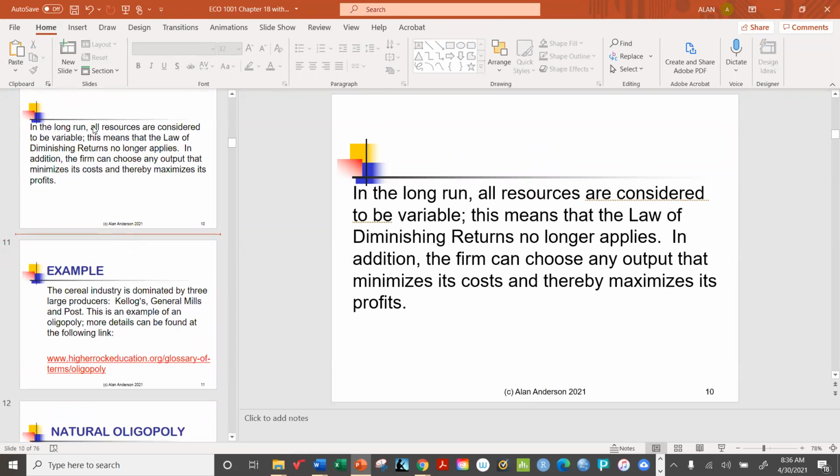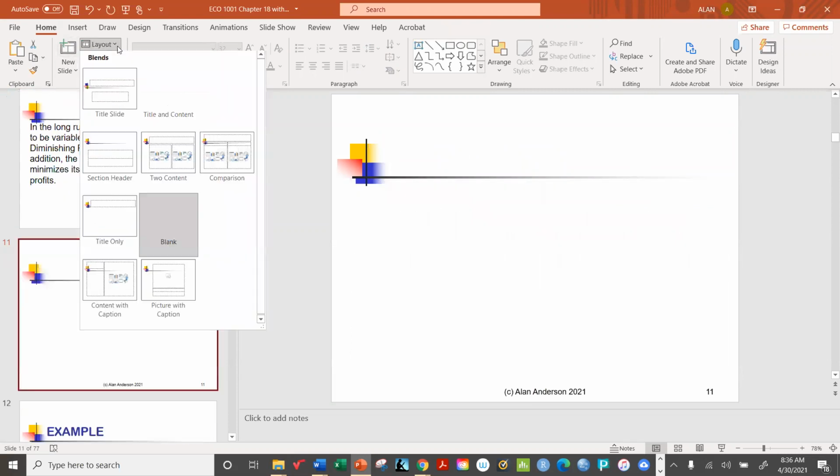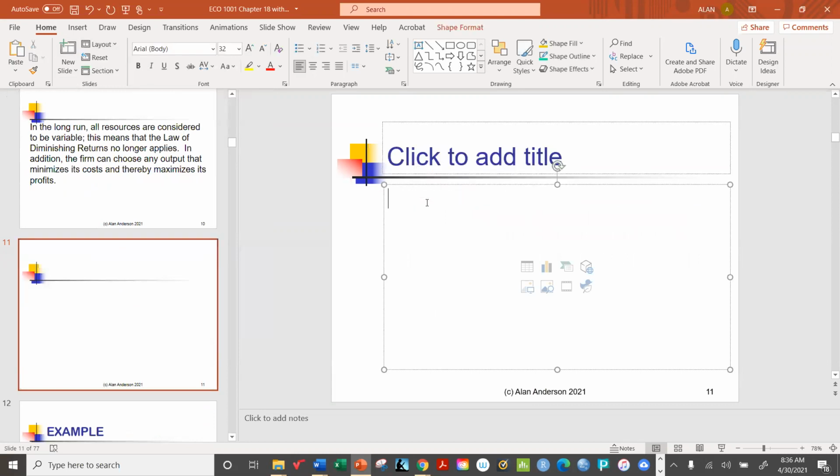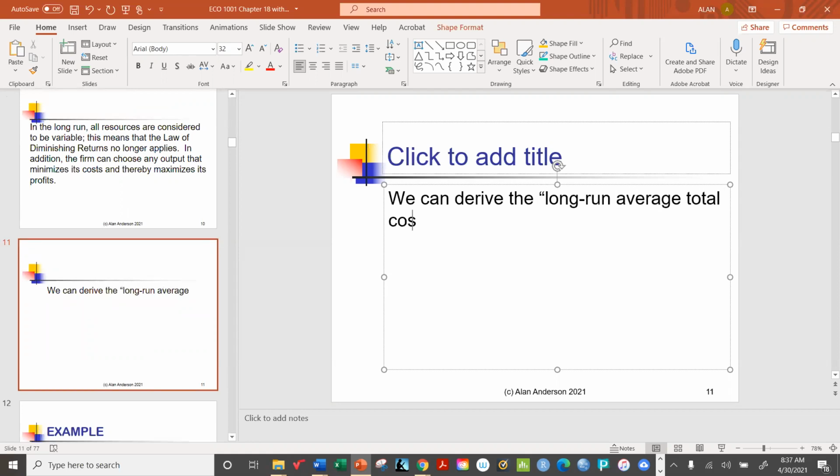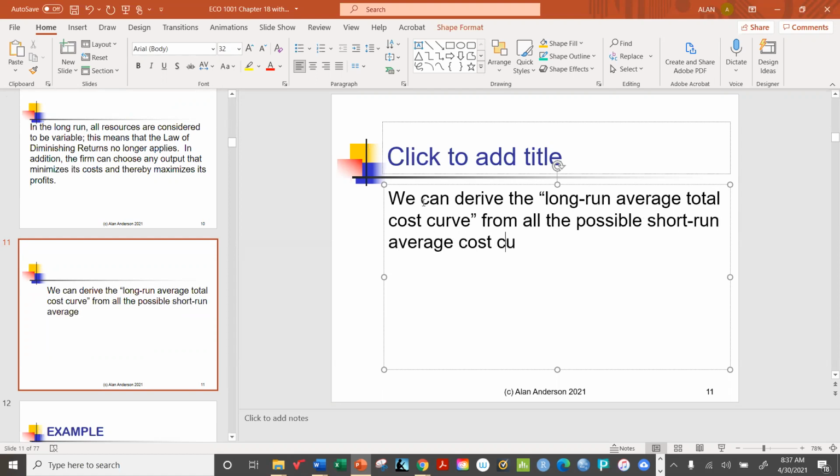Here's how the long run average total cost curve is typically derived. We can derive what's called the long run average total cost curve from all the possible short run average cost curves. What do I mean by that?